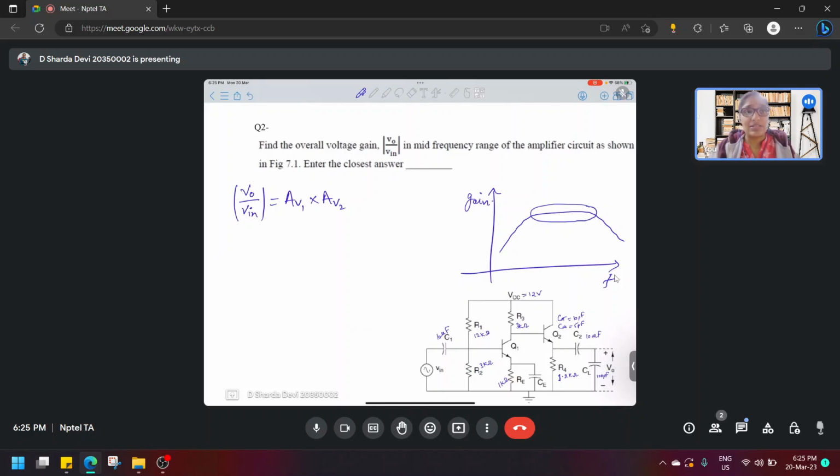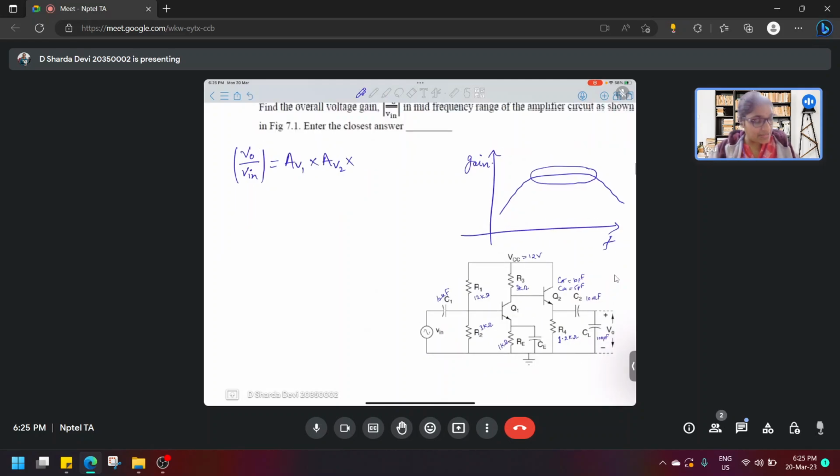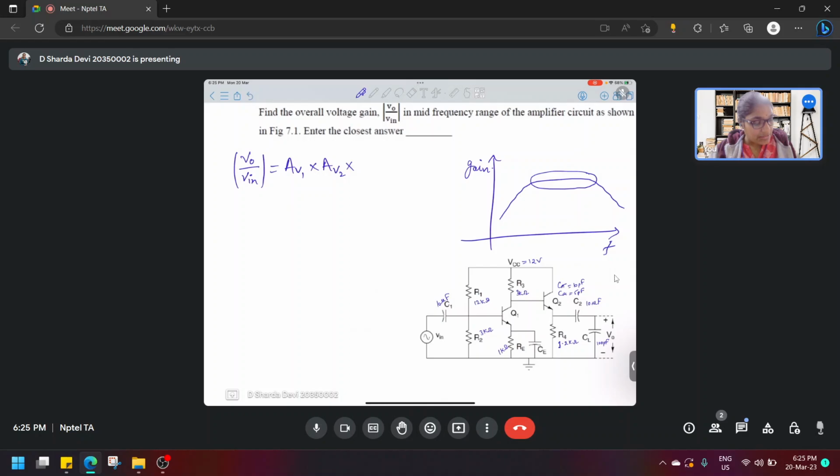The answer is no, this is not correct, because in the case of BJT, due to the low input resistance, there is a loading effect on stage 1 due to stage 2. Because of this loading effect, another factor comes into the picture that will also play a part in the gain.